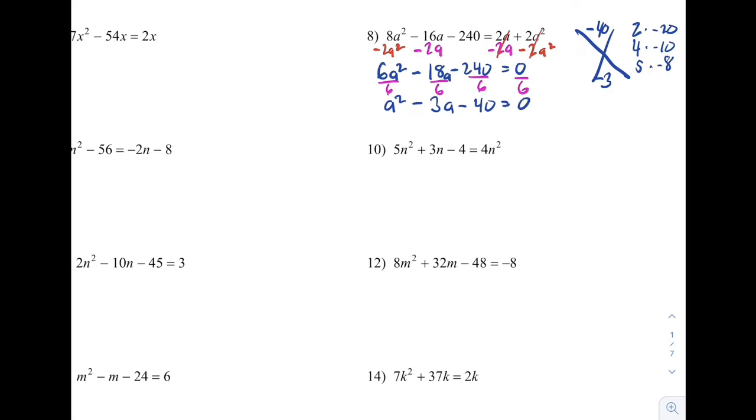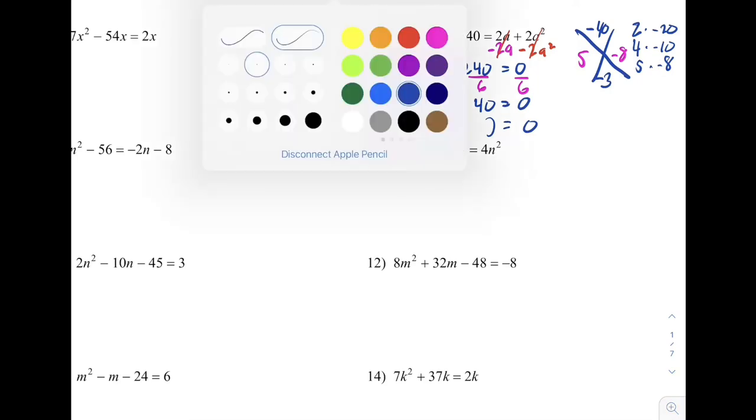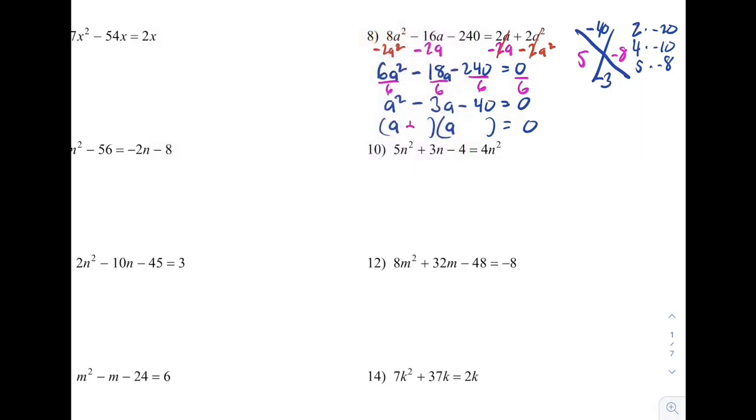How about 5 times negative 8. Yes, that works. All right, so 5, negative 8, because it adds to negative 3, multiplies to negative 40. So our factored form, we're going to write that, equals 0. So it's going to be a, and our two numbers are going to be 5 and negative 8.